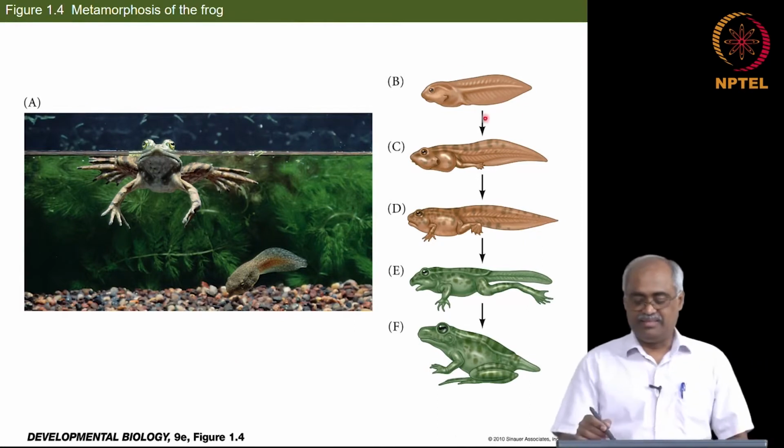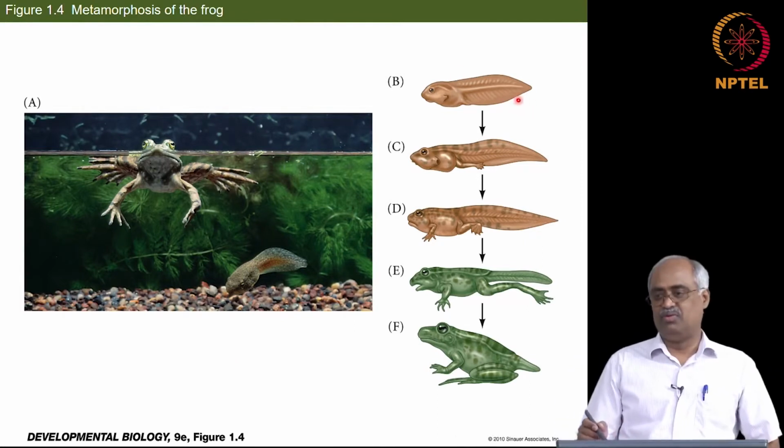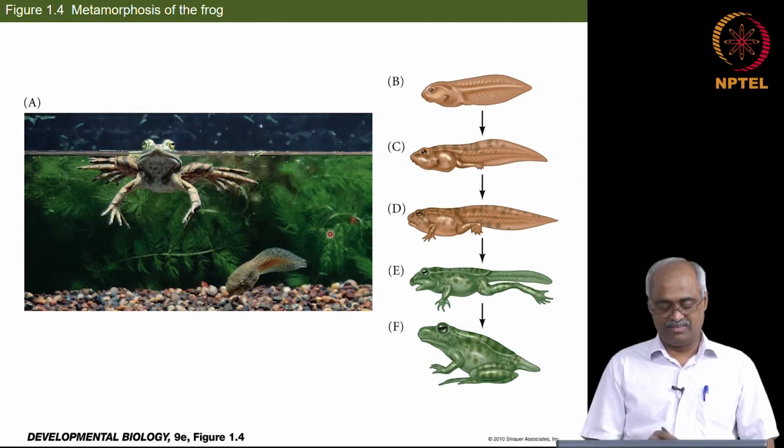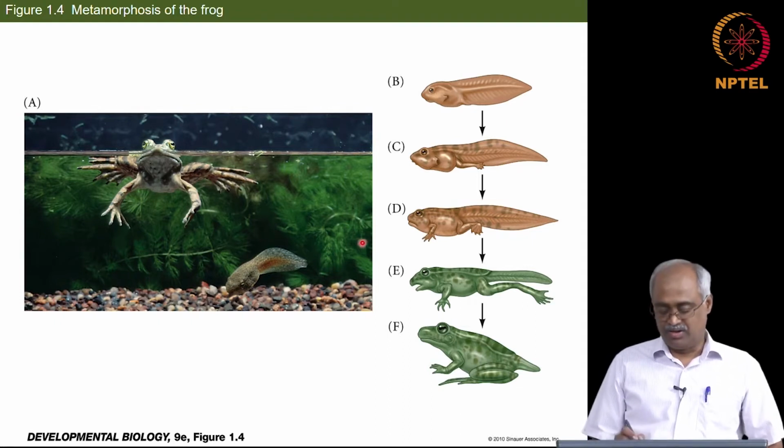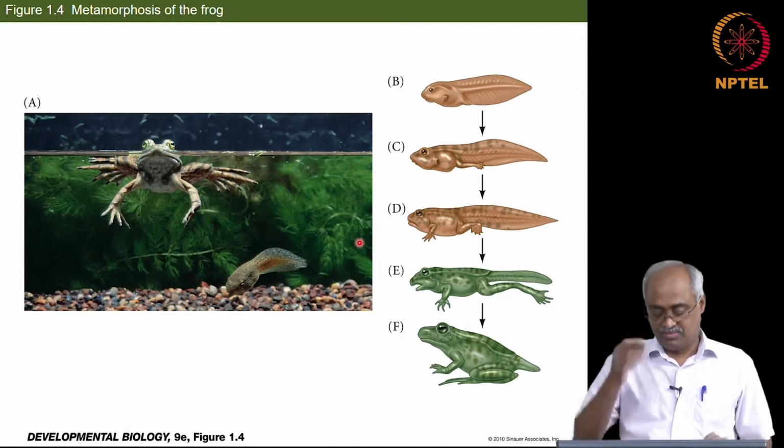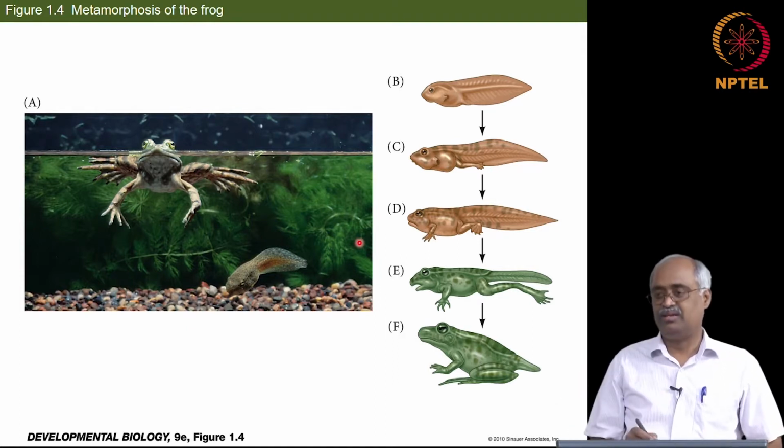So, essentially the tadpole is a herbivore, so it eats all the plant stuff that grows in the pond or the river bed or whatever water body that it is in.